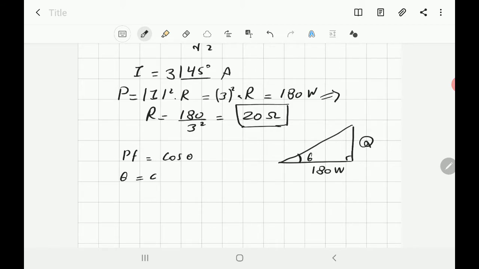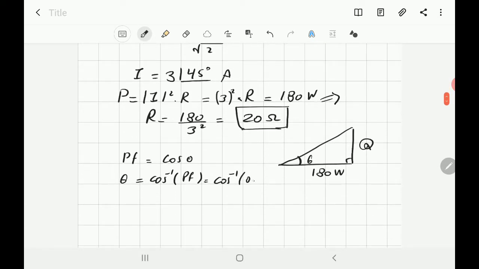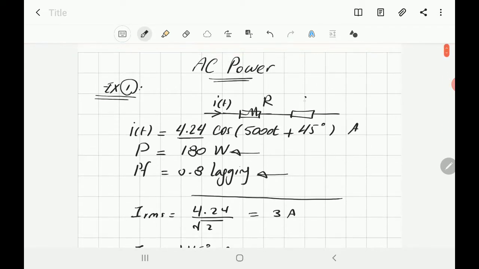So theta is equal to cosine inverse of the power factor, and the power factor is given as 0.8 lagging. So the angle will be equal to 36.87 degree. And it was given it's lagging. Since it's lagging, this element is going to be an inductor. So that's QL and this element is L.